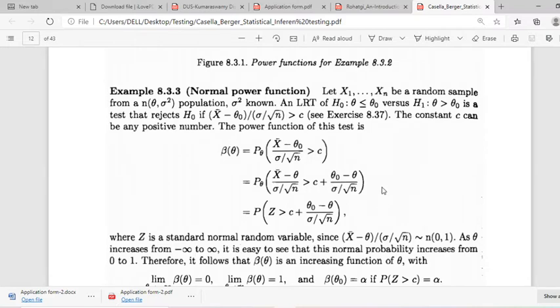And here we are considering normal power function form, that is x1, x2, x3 is a random sample taken from normal theta comma sigma square. Here mean is theta and variance is sigma square, and we are also assuming that sigma square is known. Okay, this is the hypothesis to test.